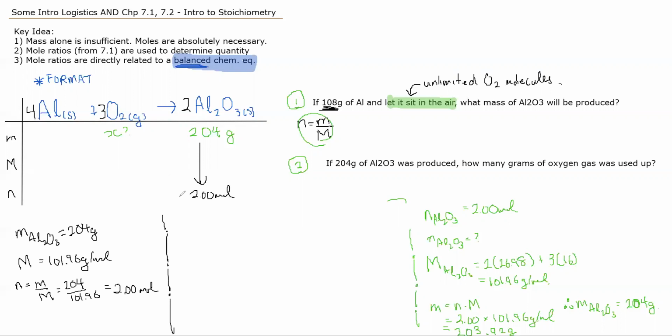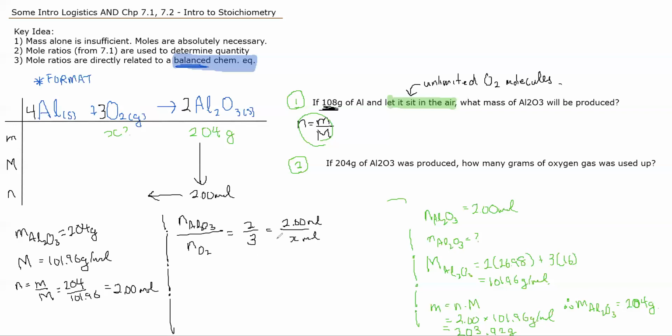Okay, now let's transfer over and find out how many moles of oxygen was used using mole ratios. The number of moles of aluminum oxide to the number of moles of oxygen is going to be 2 to 3. What if I had 2.00 moles and I'm looking for the number of moles of oxygen?